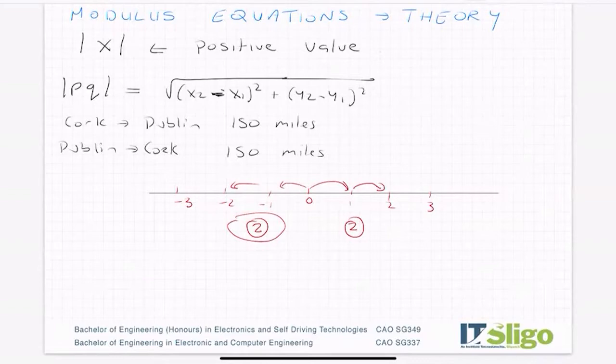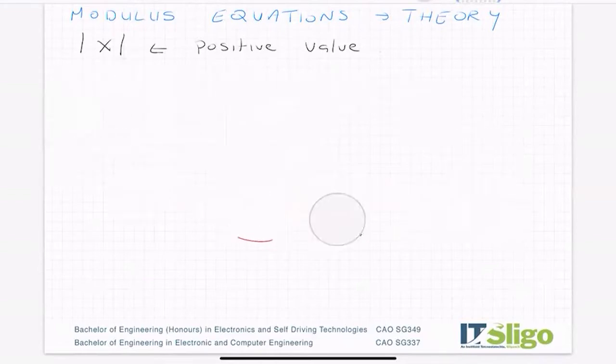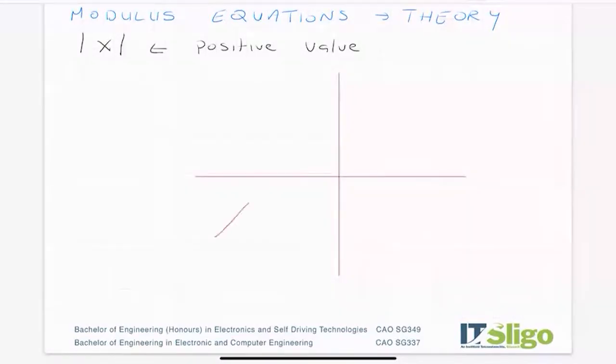Okay, area is another one where you just take the positive value. Okay, so again, if you were on a coordinate geometry plane like that, and I drew some sort of a shape down here, and I asked you to find the area of that, okay?